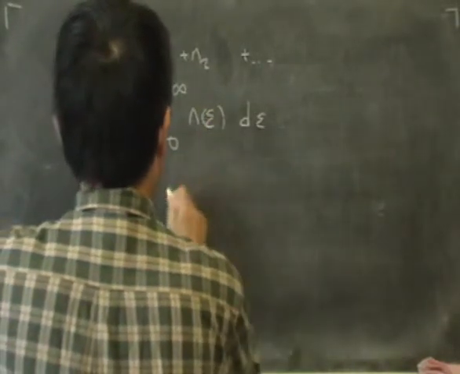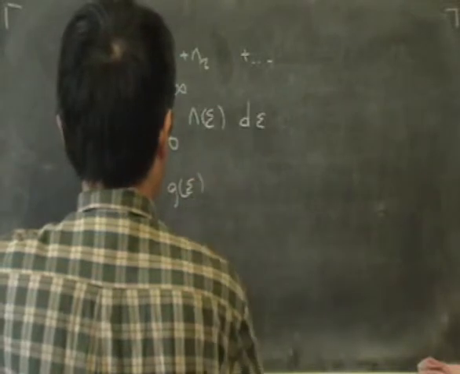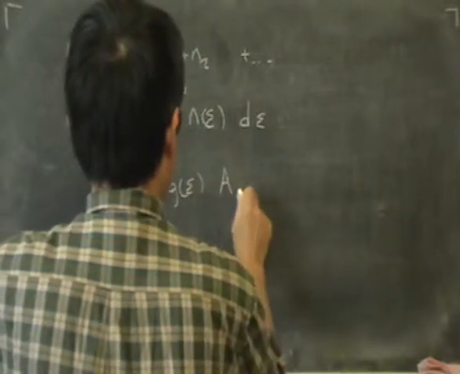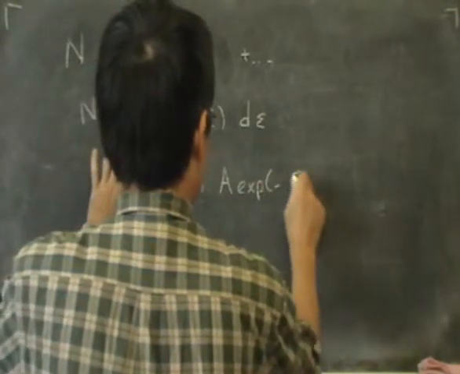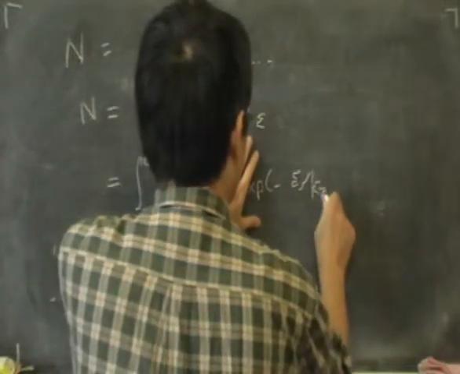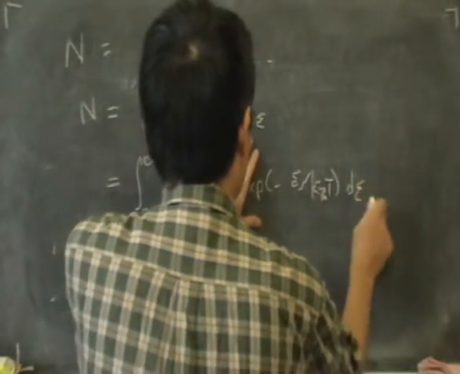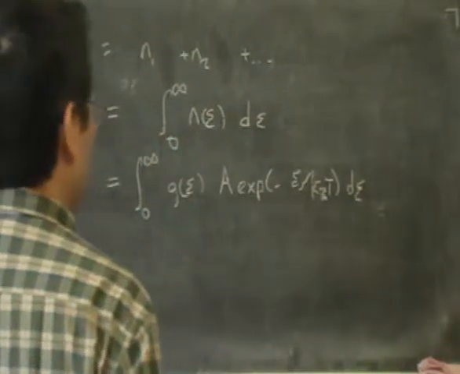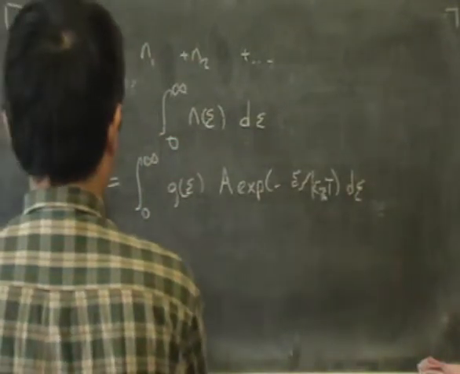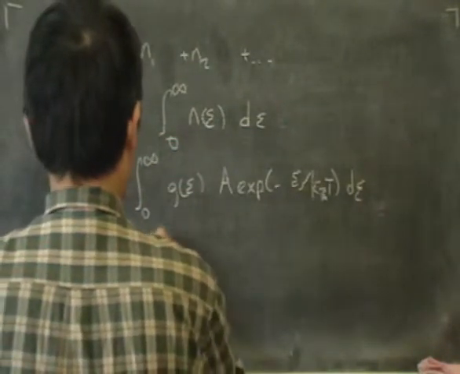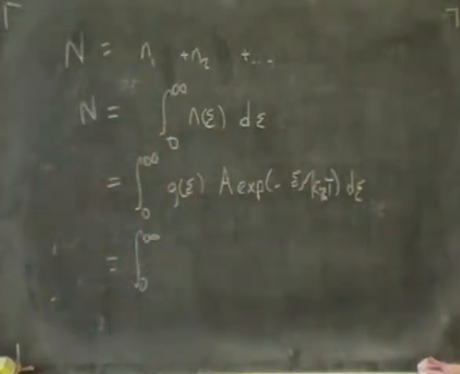So N(E) is density of states times Boltzmann distribution. And we can actually integrate this. We know the function for g(E).